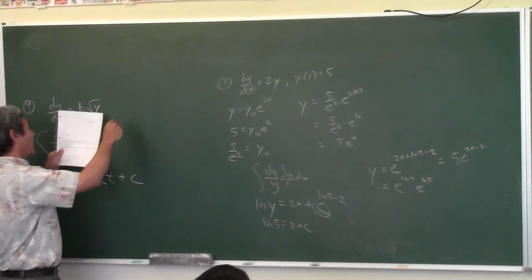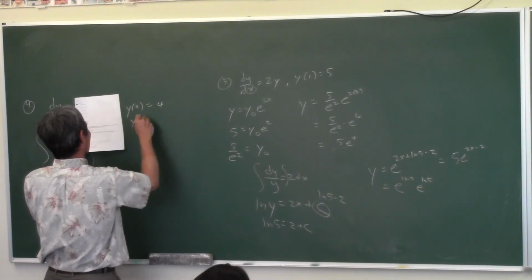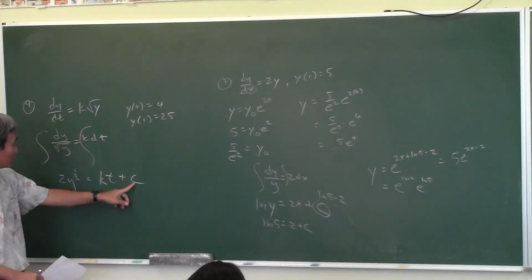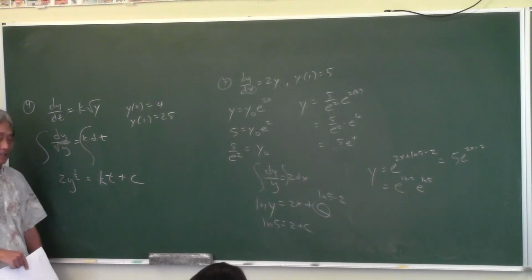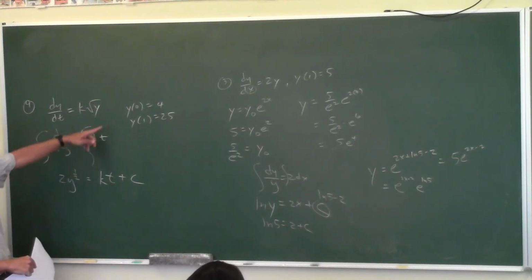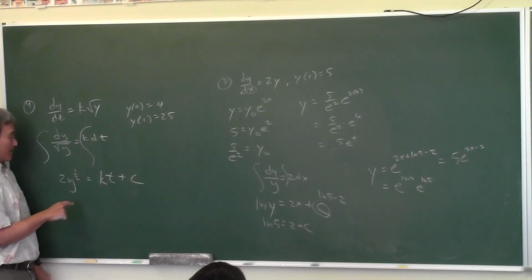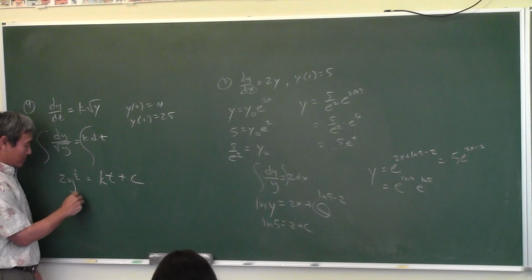Mr. Park, how come they gave us 2 initial conditions? That's because you have 2 letters you gotta figure out. You gotta figure out k and c. Okay, if I plug in 0 for t, y is 4. Plug in 4 right here. 2 times 2.